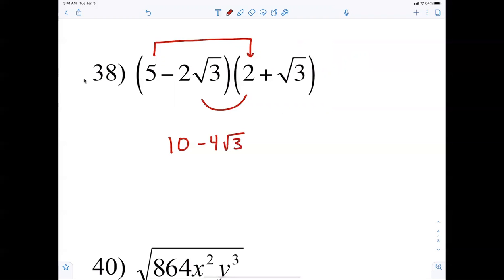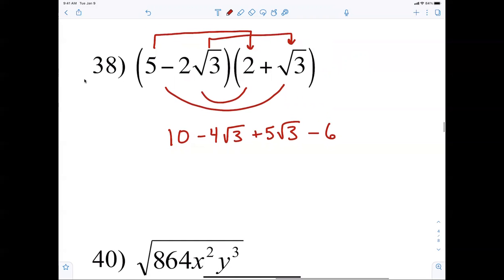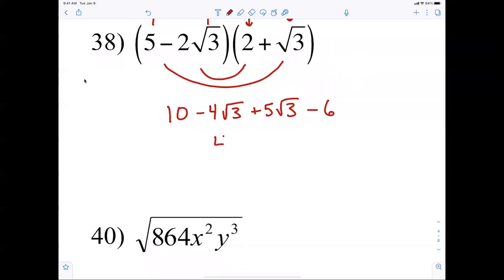Negative 4 radical 3. Second one. And then the third one, be careful, negative 6. Everybody good? Simplifying that to 4 plus radical 3.